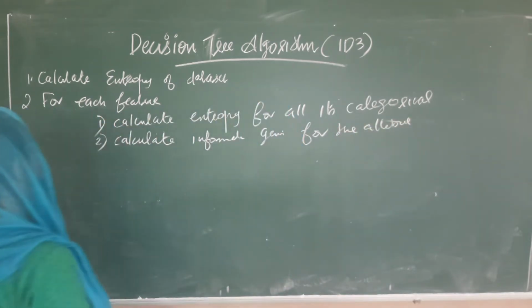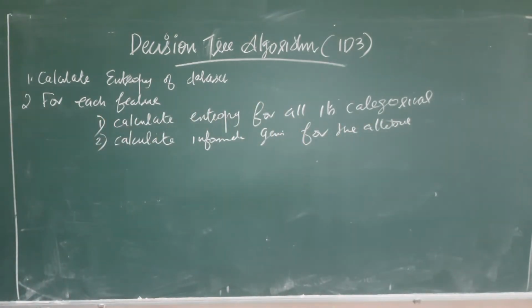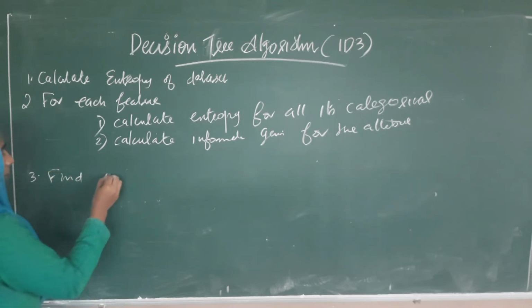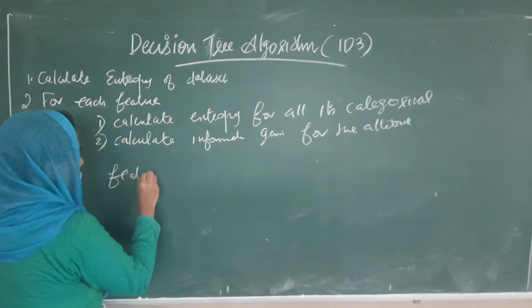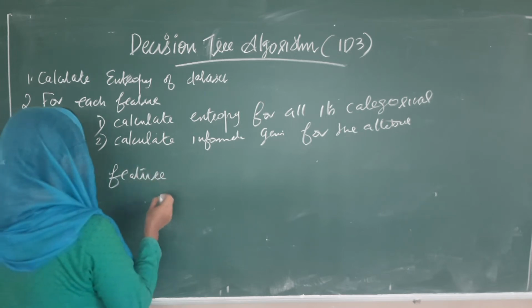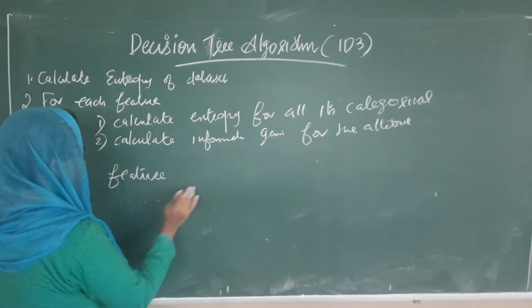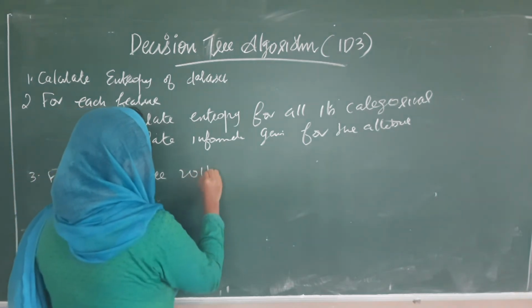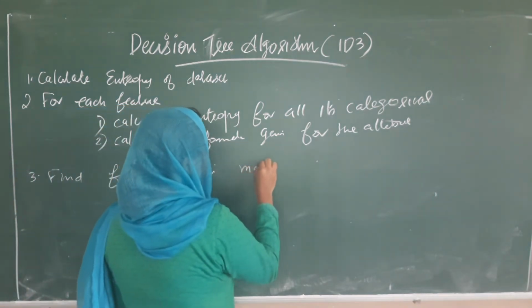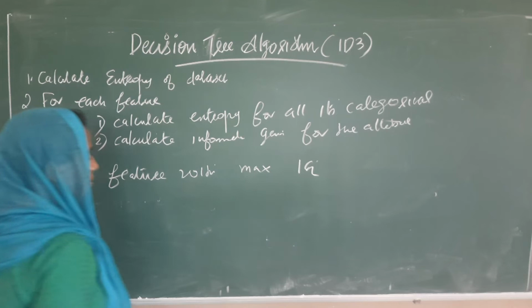Now what you have to do is find the feature with maximum information gain, because that will be used for splitting the tree into different subtrees. So the feature with maximum information gain is the next thing, and you have to split the tree.